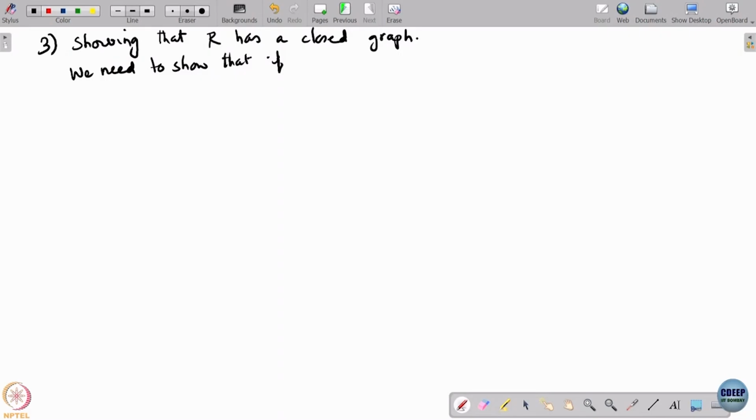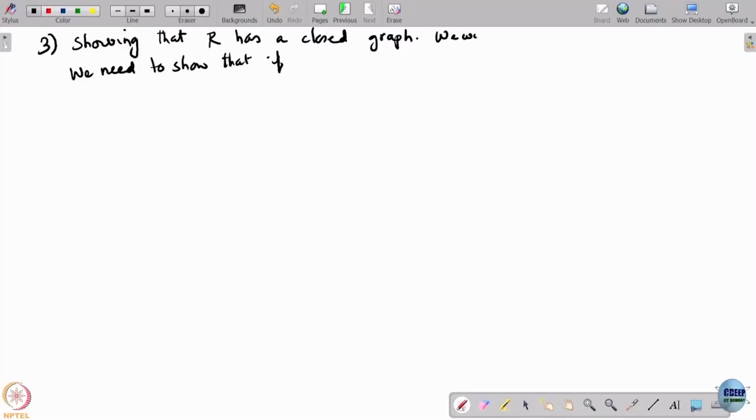Before we show R has a closed graph, we show Ri has a closed graph for every i, and then because it is a Cartesian product, the closed graph property will transfer to the Cartesian product. That part is fairly standard, but let us do the Ri part first, and then you will see how it follows for R as well. So we will show Ri has a closed graph.